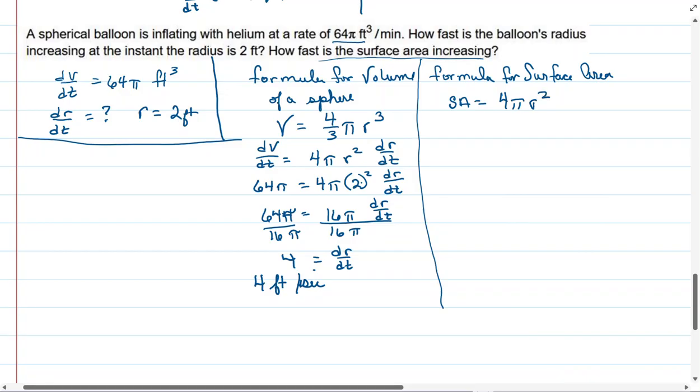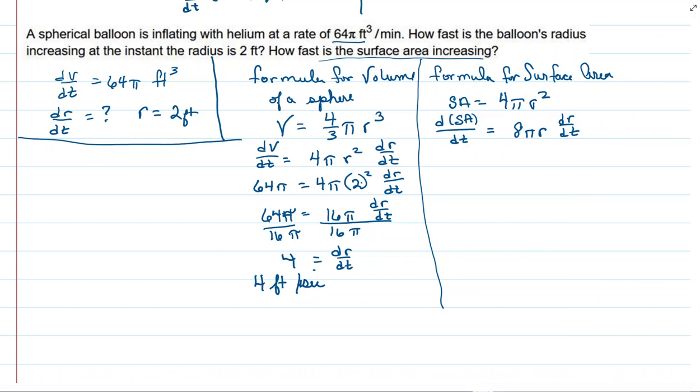Yeah. All right. Going to do the derivative. Okay. And we're trying to find surface area increasing. So therefore, we're going to substitute the r and the dr/dt.